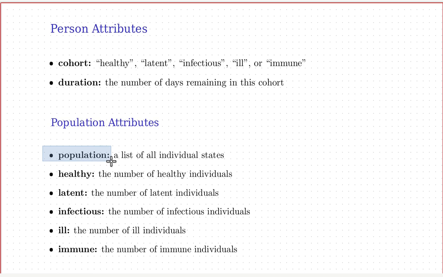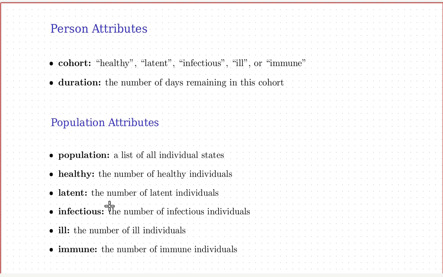This is going to be a large state because it'll have an entry for all 1,000 people. And then these others are very simple. We'll just have numbers for the number of healthy people, the number of latent people, number infectious, number ill, and number immune, to keep a running tally as we go along of how many are in each category.